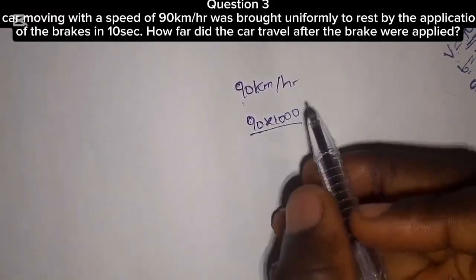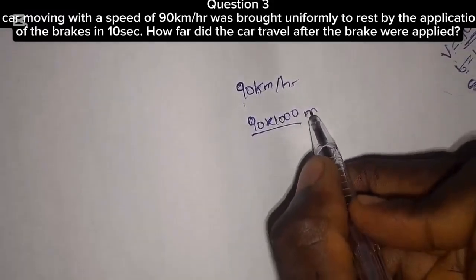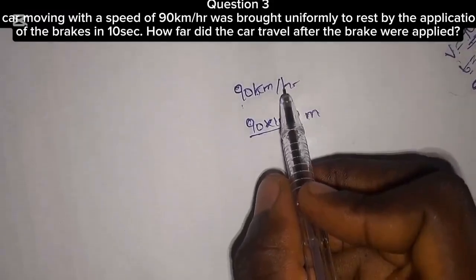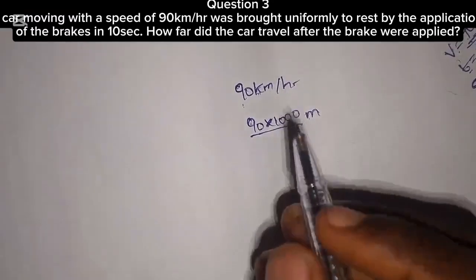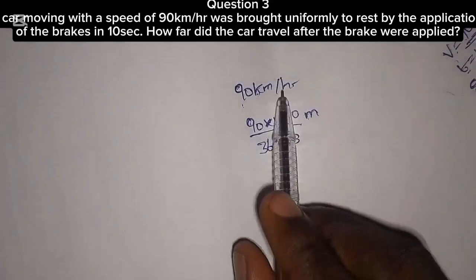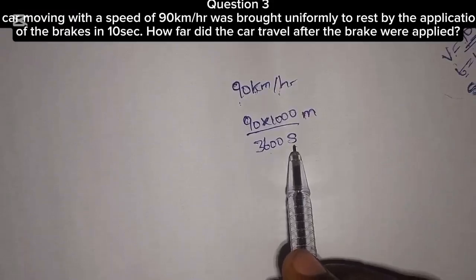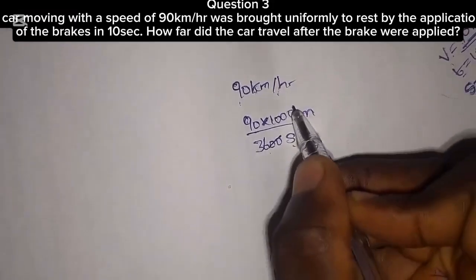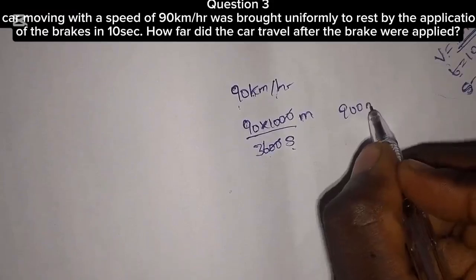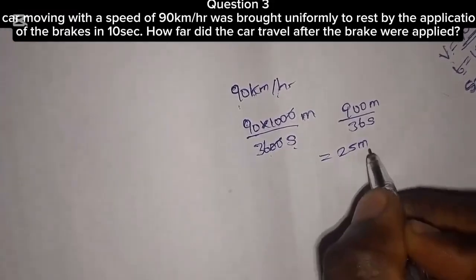Then all over 1 hour, which is the same thing as 3600 seconds. If you cancel the zeros, we have 900 meters all over 36 seconds. If you do the math, 900 divided by 36 is 25 meters per second.